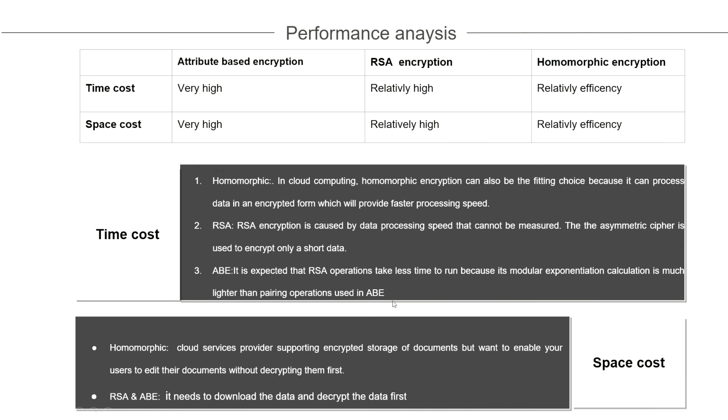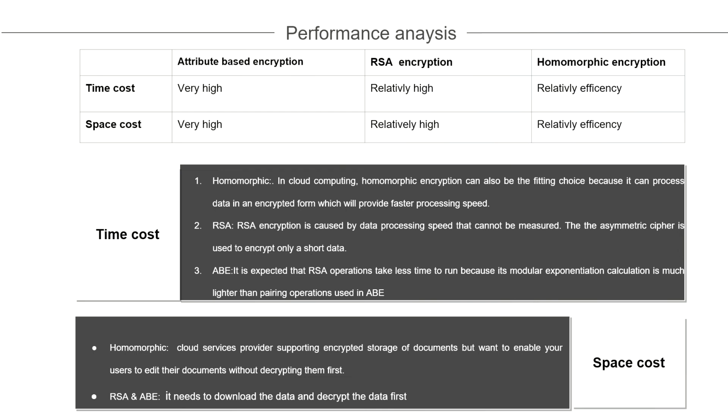Therefore, in cloud computing, homomorphic encryption is a fitting choice because it can process data in an encrypted form, which provides faster processing speed. With homomorphic encryption, cloud service providers support encrypted storage of documents, but want to enable users to edit their documents without decrypting them first.